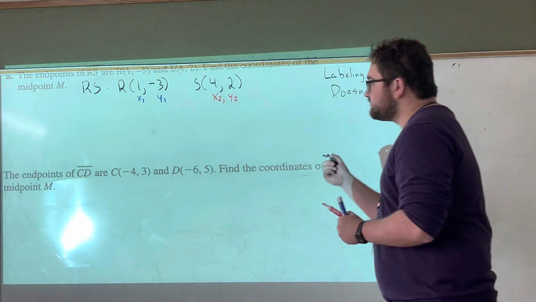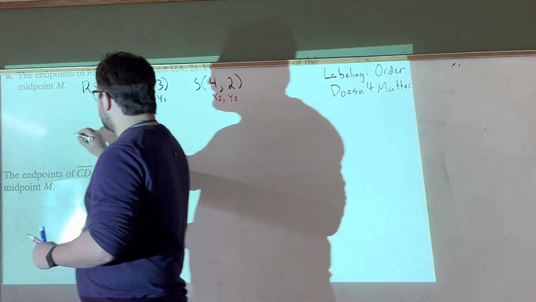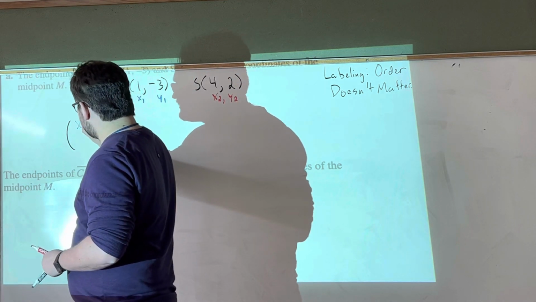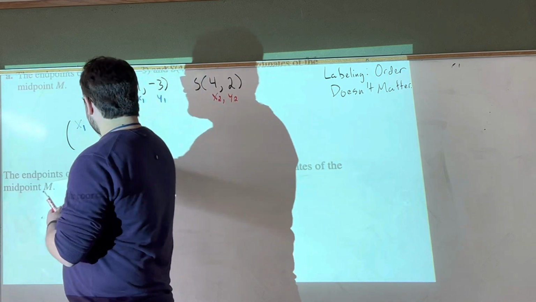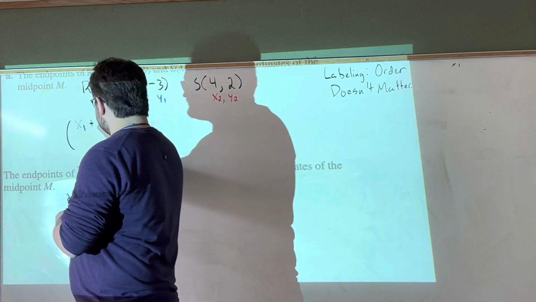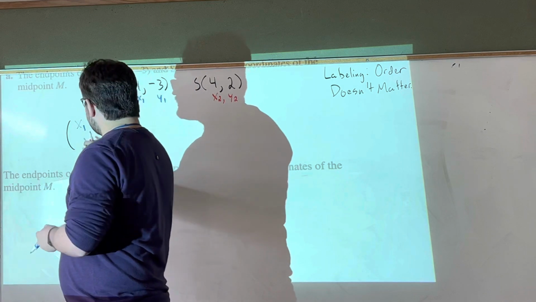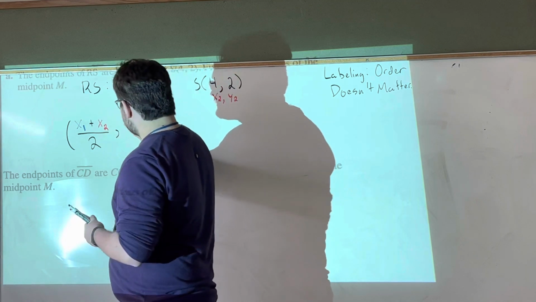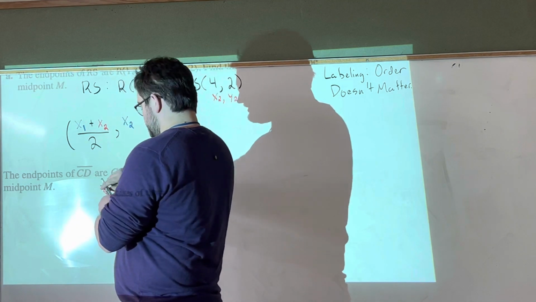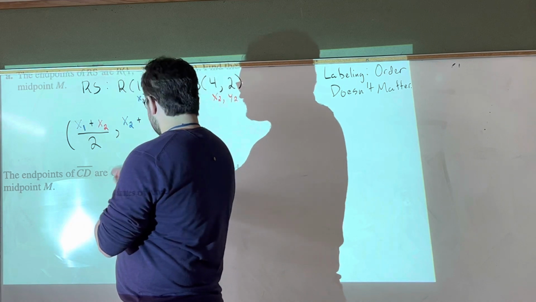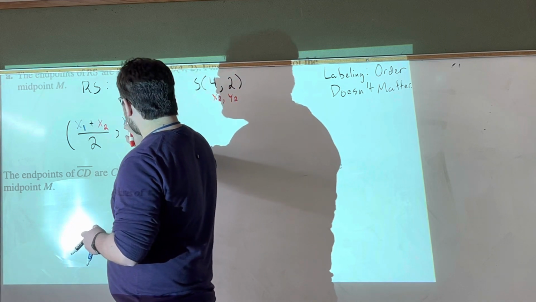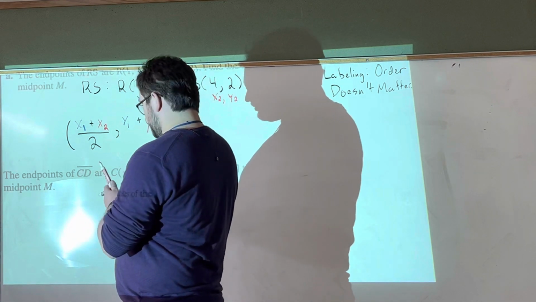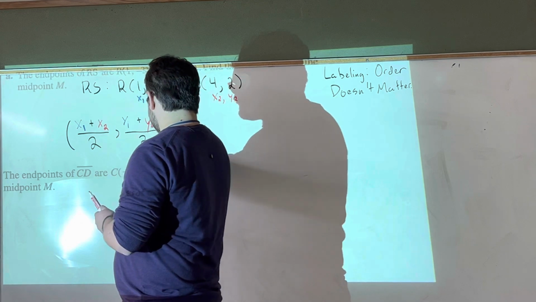Let's go ahead and plug them into that midpoint formula. Our formula was x1 plus x2 over 2, comma, y1 plus y2 over 2.